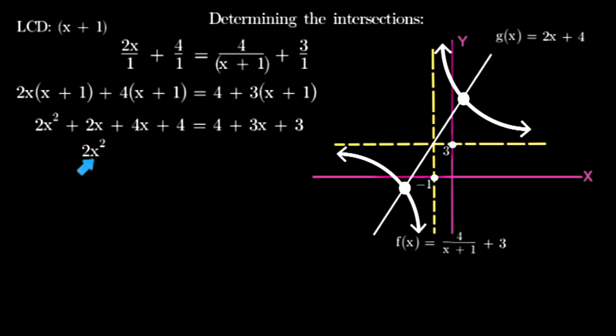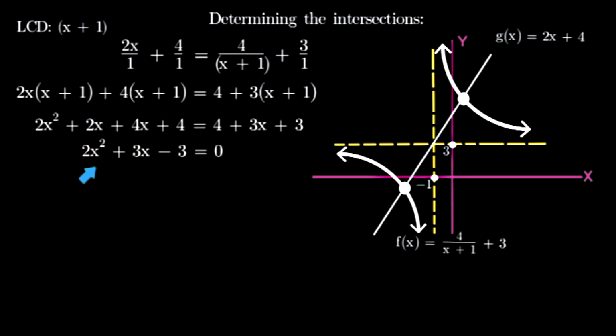Then we add and subtract the like terms. So 2x + 4x is 6x, and if we take this 3x to the other side, it becomes minus 3x, and 6x minus 3x is plus 3x. We do the same with the constants, and we end up with a constant value of minus 3. And there is our simplified quadratic equation.